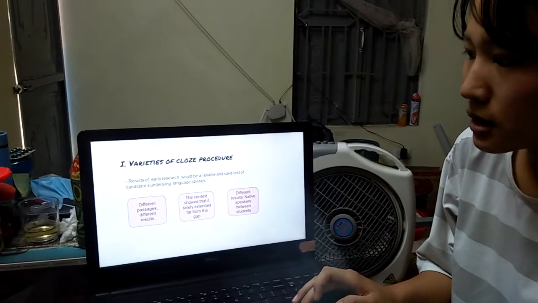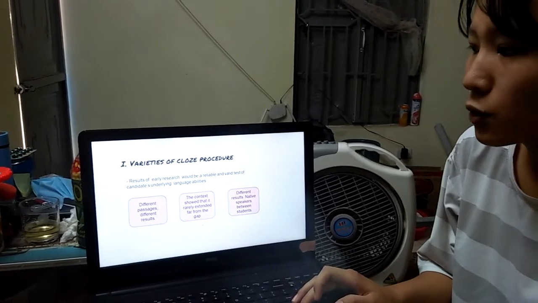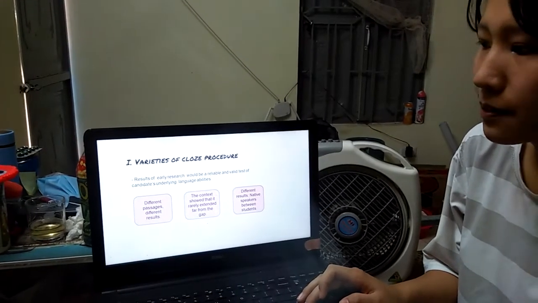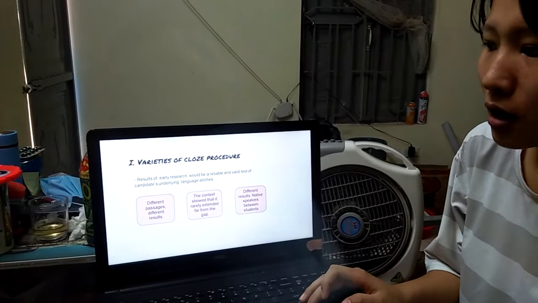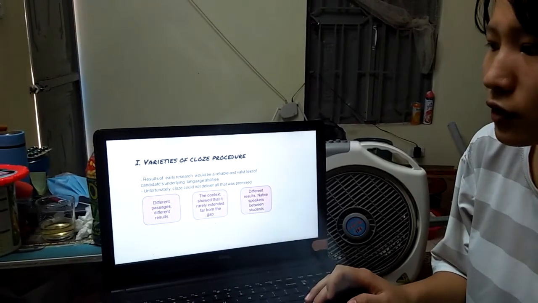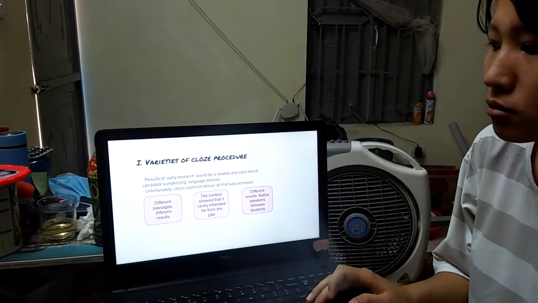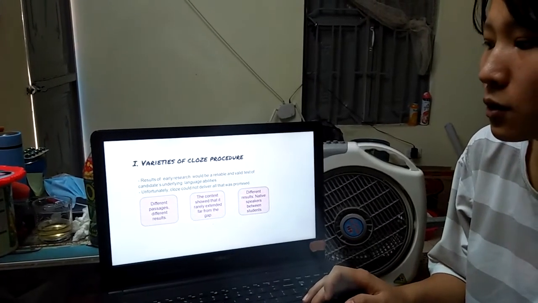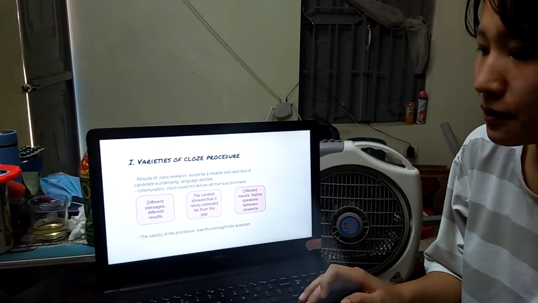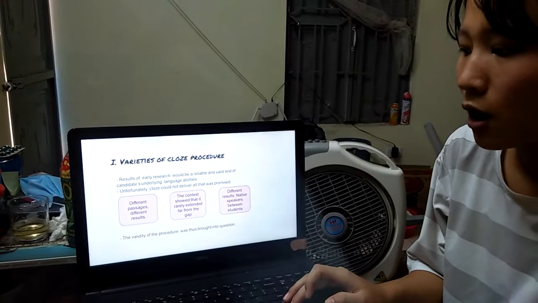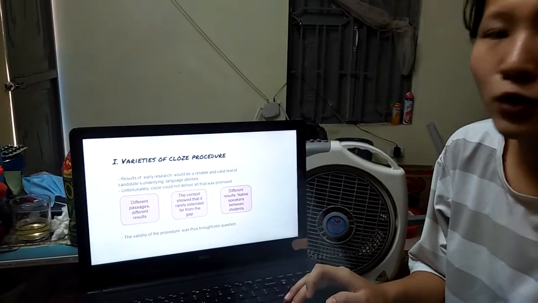Results of early research suggested it would be a reliable and valid test of candidates' underlying language abilities. Unfortunately, cloze could not deliver on what was promised. The validity of the procedure was thus brought into question.